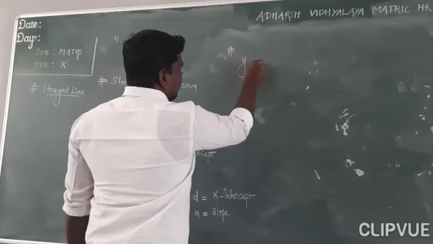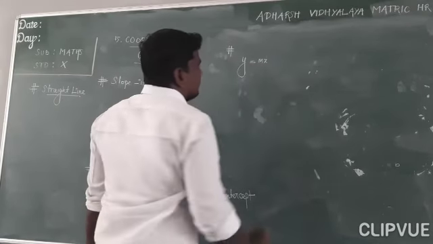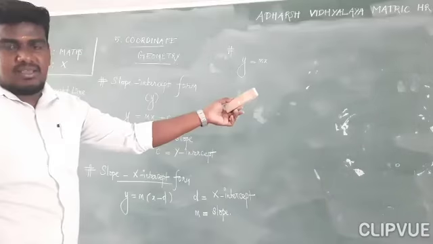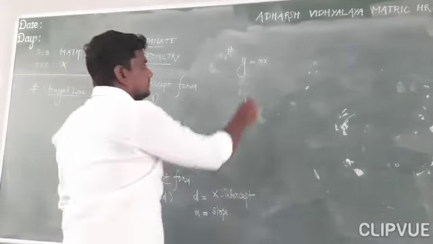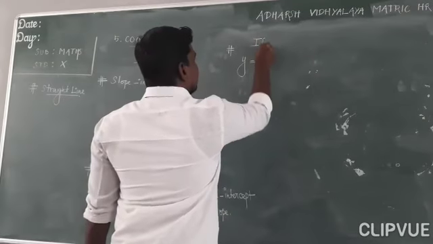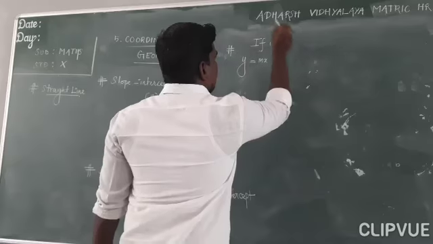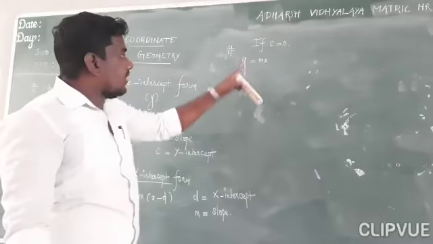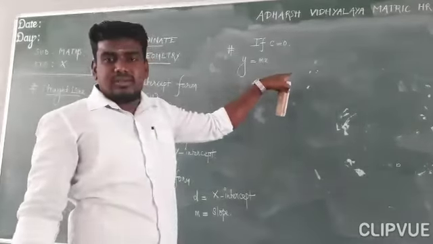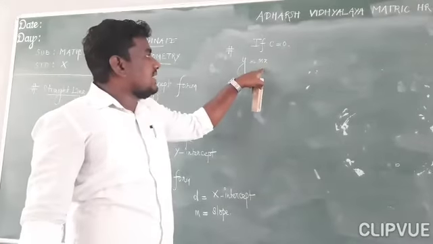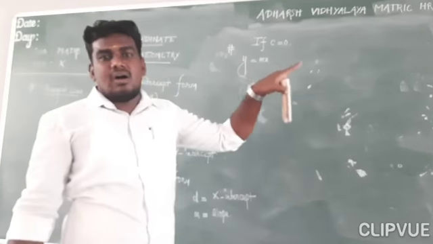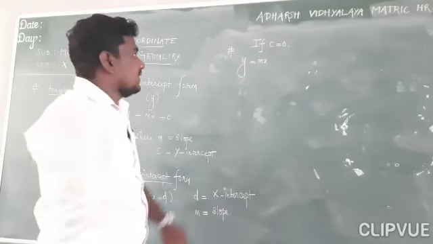And one more important one: y is equal to mx. Where is the c? If c is equal to 0, the formula comes like this: y is equal to mx, because it is the straight line which is passing through the origin.